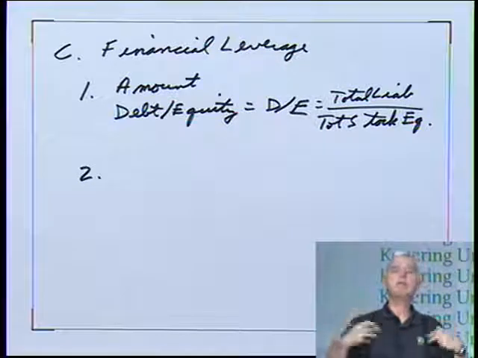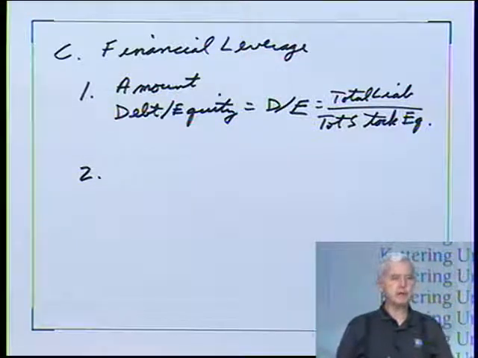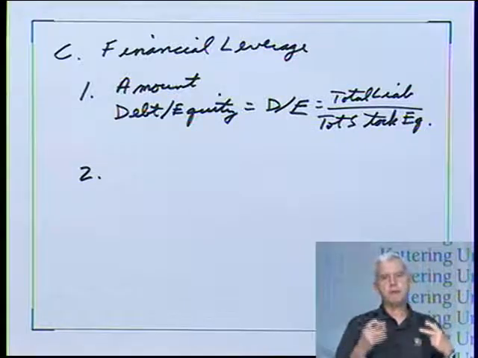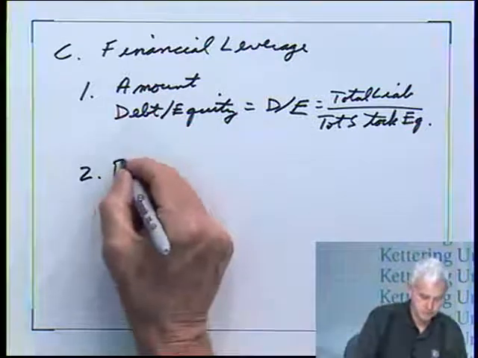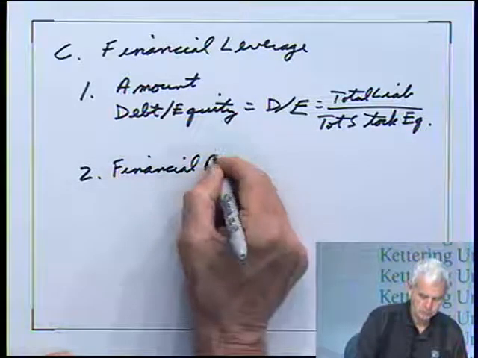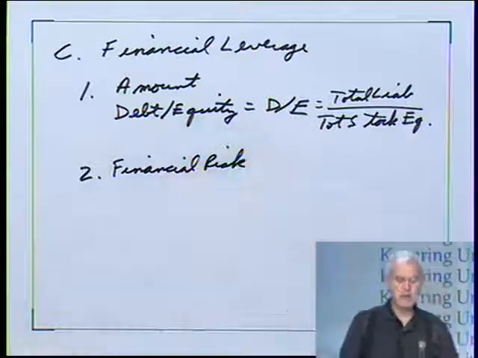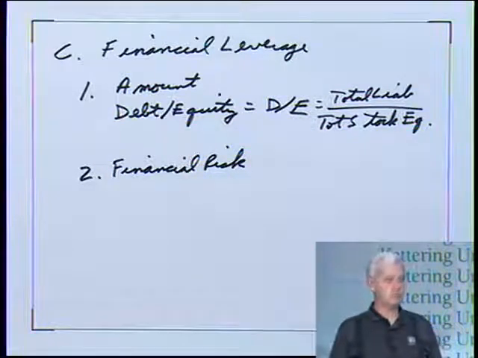Now, if you remember the last couple of weeks, when I talked about financial leverage, I said one of the things financial leverage causes is financial risk. And we would like some measure of the amount of financial risk.